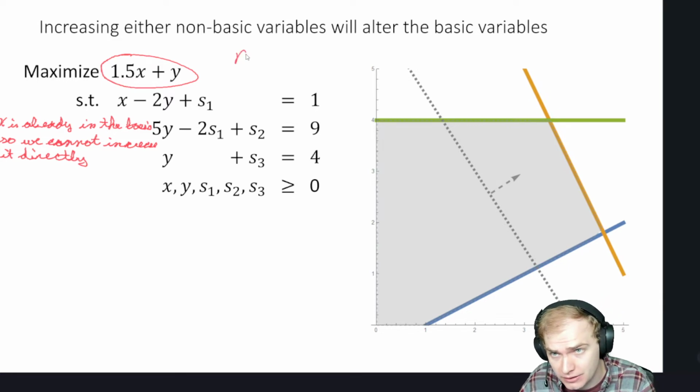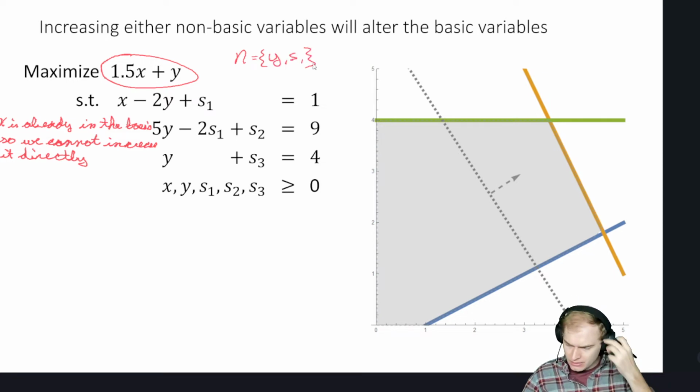So our non-basics at the moment are y and s1. So what we want to do is find out whether or not increasing any of those actually increases our objective.